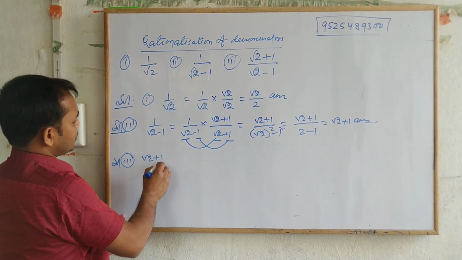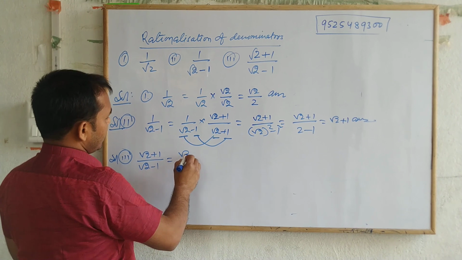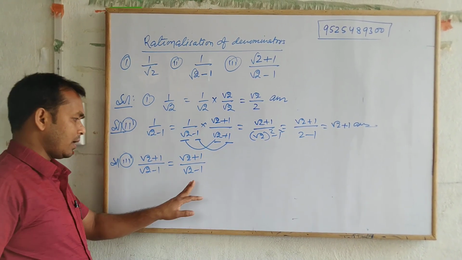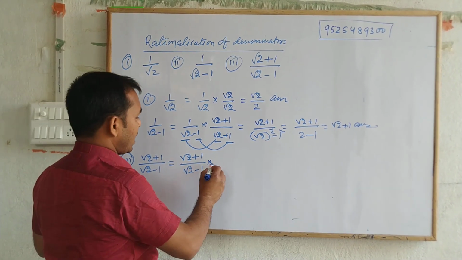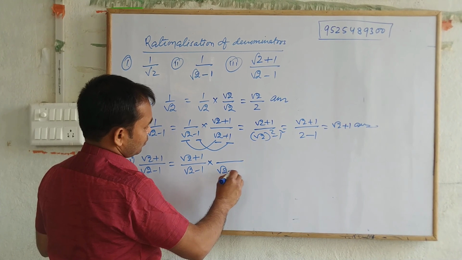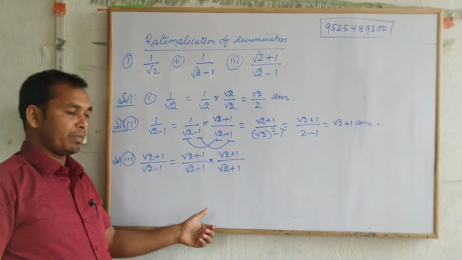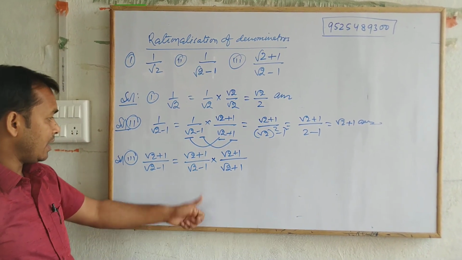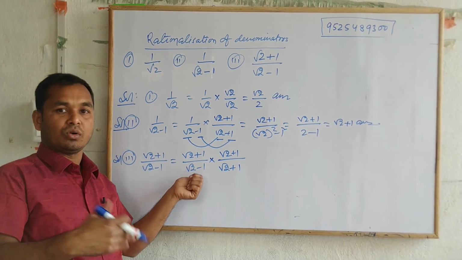Similarly, the third question: root 2 plus 1 by root 2 minus 1 is equal to, here, root 2 plus 1 by root 2 minus 1. Here again minus in the denominator, so we have to multiply by the plus term, root 2 plus 1 by root 2 plus 1. We have to multiply by the same term, but we have to notice whether the term is in minus or plus.